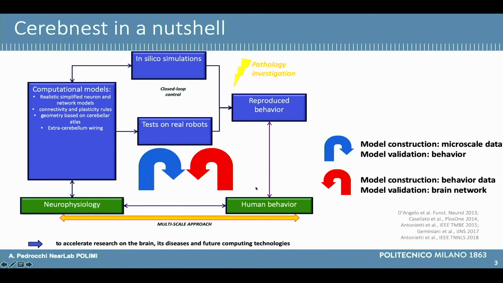So we can start from behavior, build the controller, and compare the controller with the cell recordings. Or we can start from cell recordings, build the controller, and see the behavior as the validating framework. So these two approaches are not one superior to the other, they are just different. And they both use different data for constructing the model and for validating it.